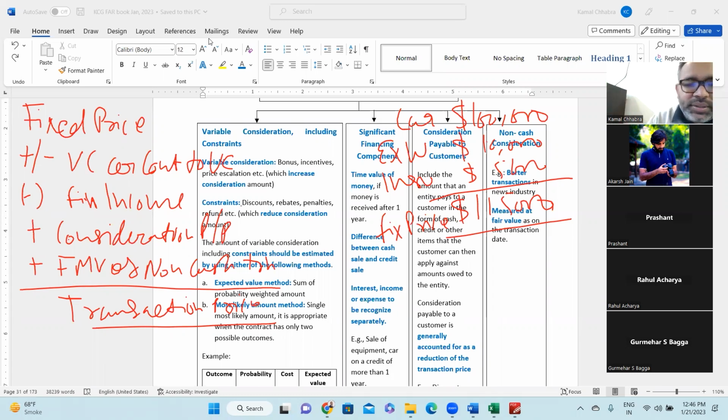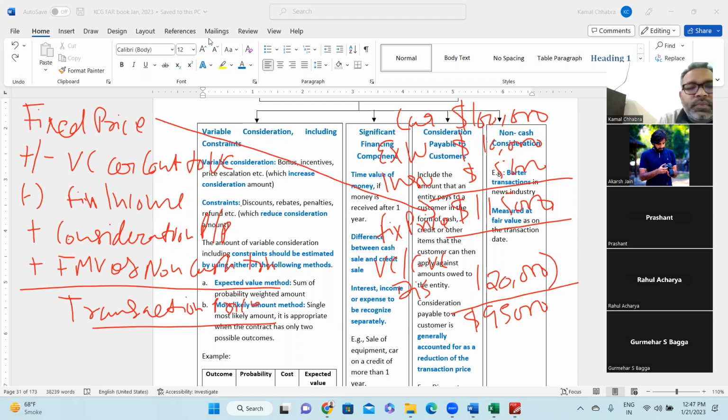And then you'll be adjusting variable consideration or constraint to variable consideration. So you ask for a discount, and you have negotiated, let's assume, a $20,000 discount. So this will be reducing the transaction price. So the balance is how much? 95. Yes sir. So the fixed price is this, then variable consideration is 20,000, and this is the constraint to variable consideration.